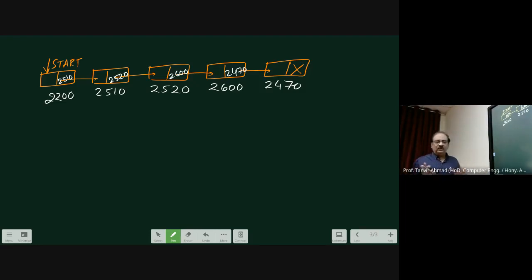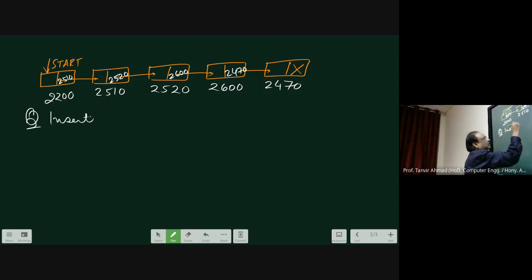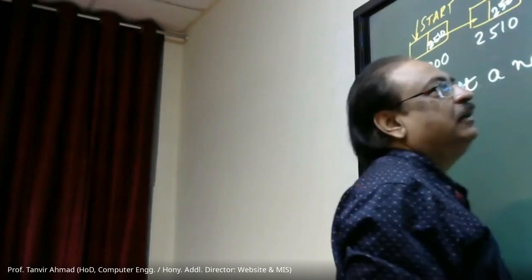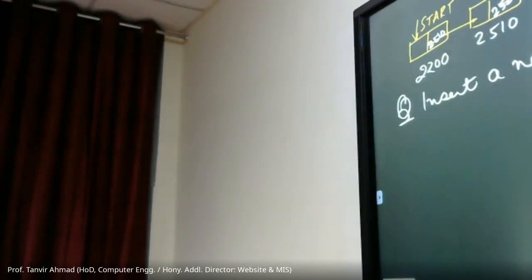And you want to insert a node at the fourth position. Suppose my question is insert a new node at say fourth position, or better it could be at nth position.